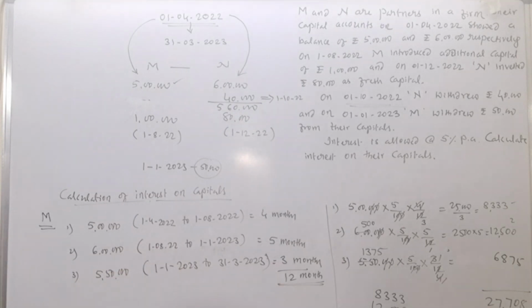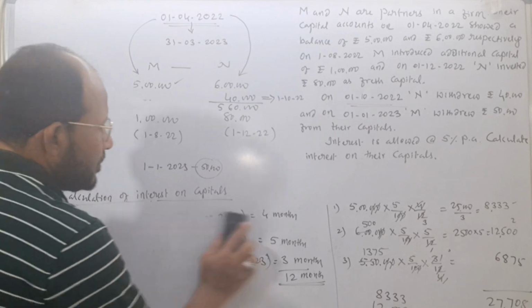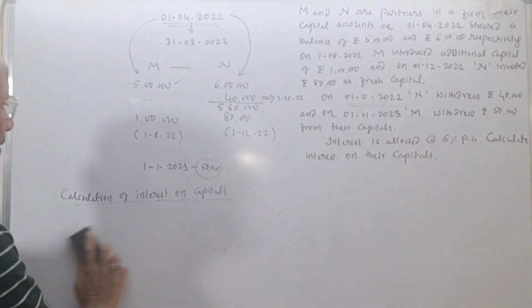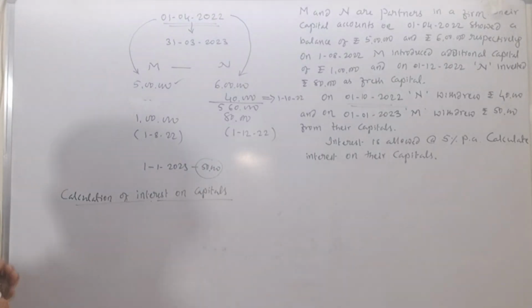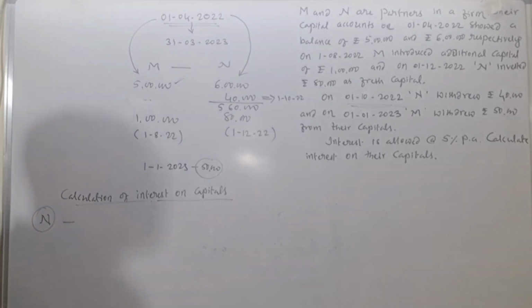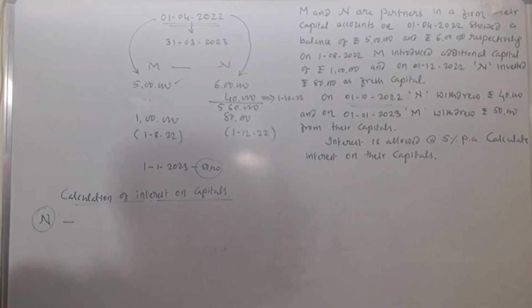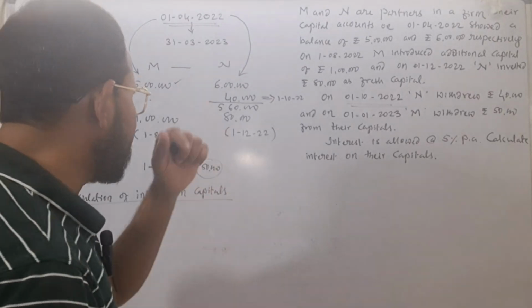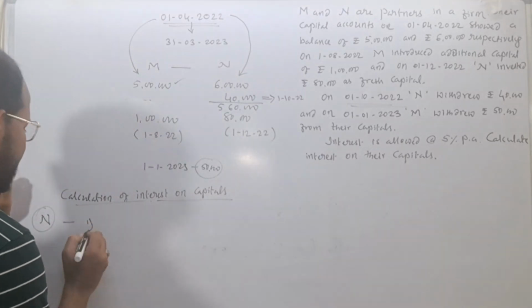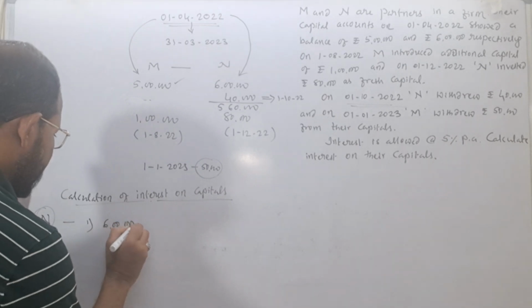Next one is we calculate interest on capital of Mr. N. See, in case of N, just we check the different cases. He introduced his capital, or his capital balance on 1st April 2022 was rupees how much? Rupees 6 lakh. This is the first case. Rupees 6 lakh he invested.